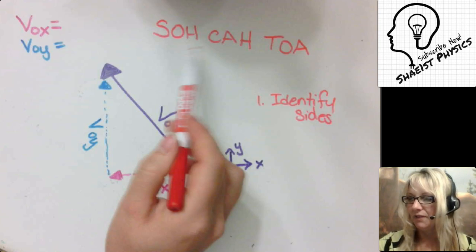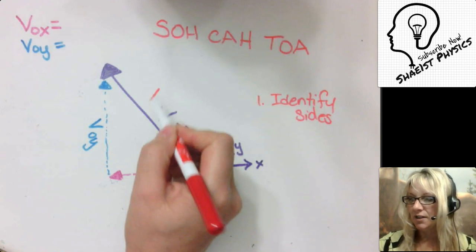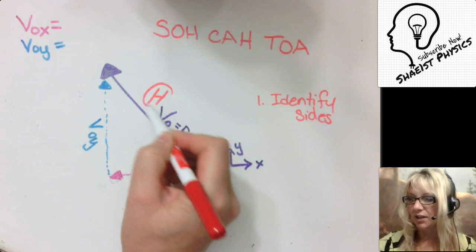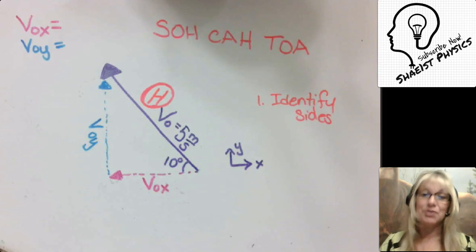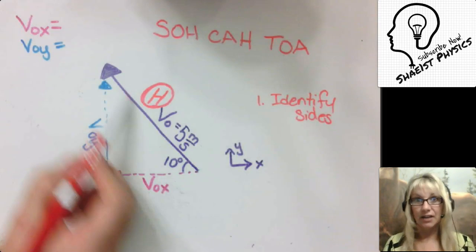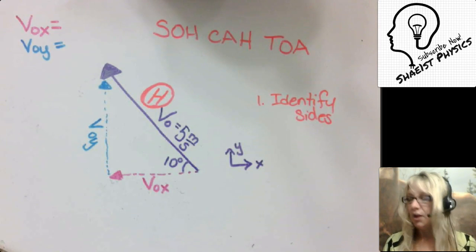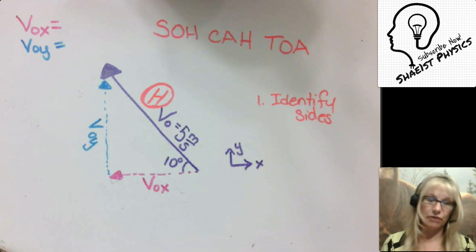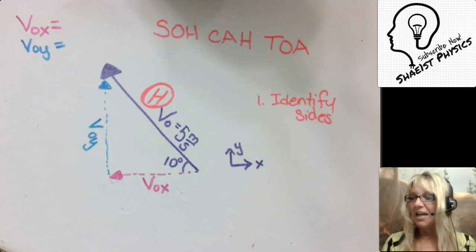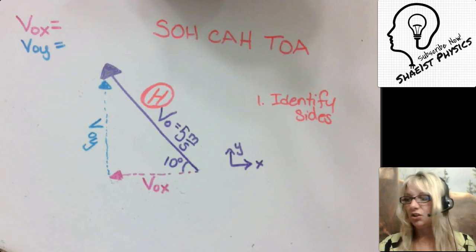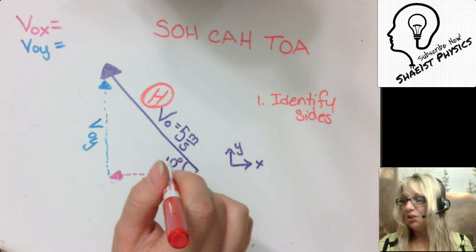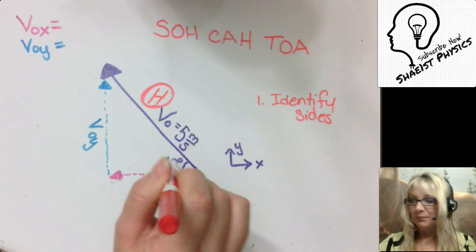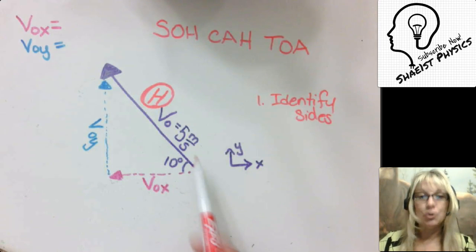So we're going to put a big fat letter H in a circle so we don't get it confused for a variable on our side that is the hypotenuse. The hypotenuse is always going to be that angled vector, the one that you started with, your original velocity or the original force that's at an angle. Now, whatever angle you're using other than the 90-degree angle, here we're given 10 degrees. That is our angle of choice.